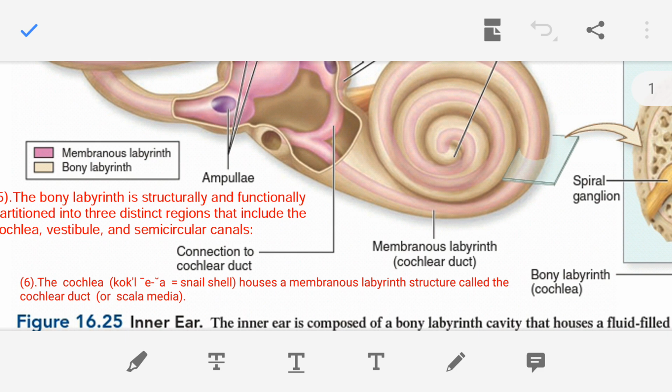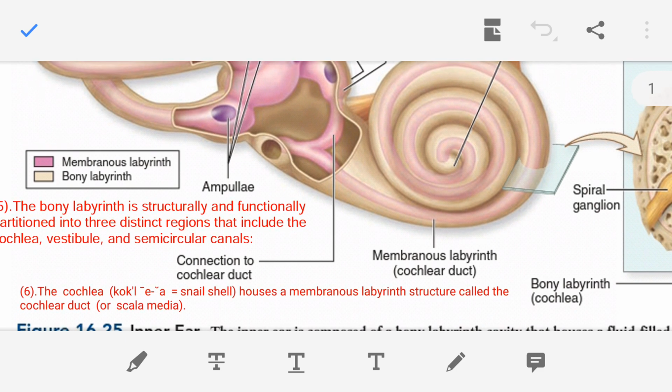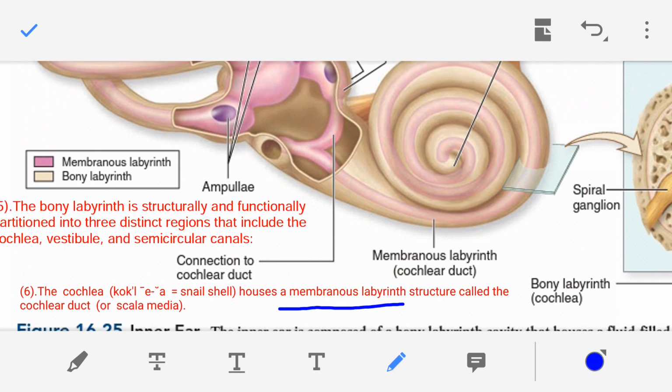Now inside the cochlea, the membranous labyrinth is present, and this membranous labyrinth which is present inside the cochlea is known as the cochlear duct, also known as scala media.